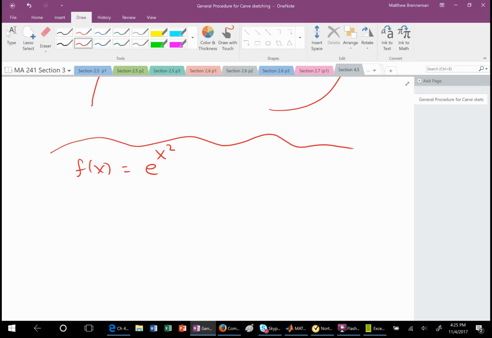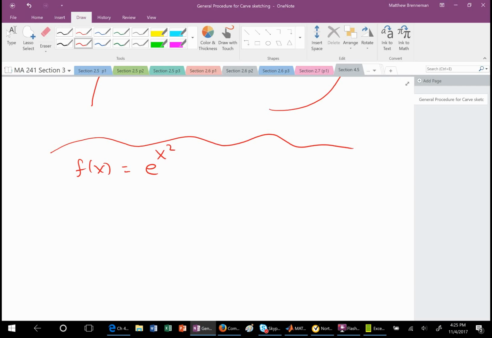Let me think if I want to make it harder. Oh, okay, we'll leave it at that. So let's go ahead and work on that and see what we can say about it. So f of x is equal to e to the x squared. We want to sketch this out.